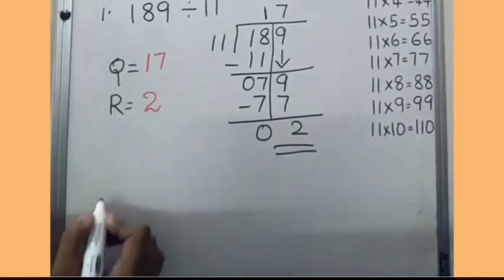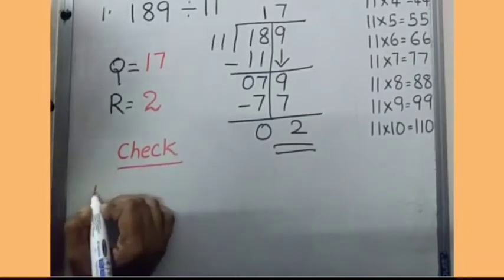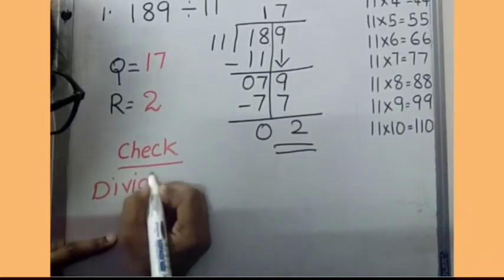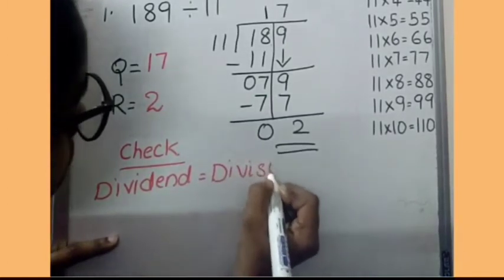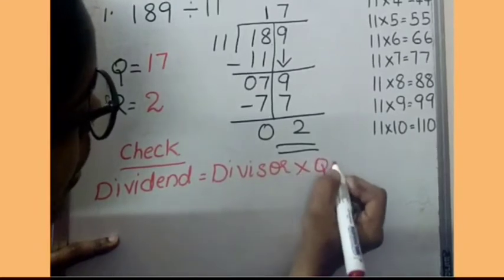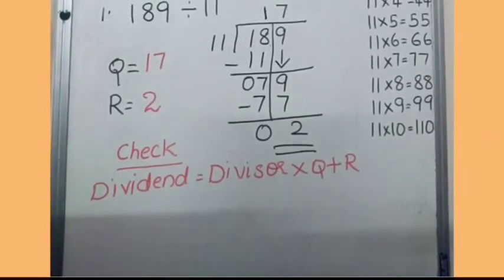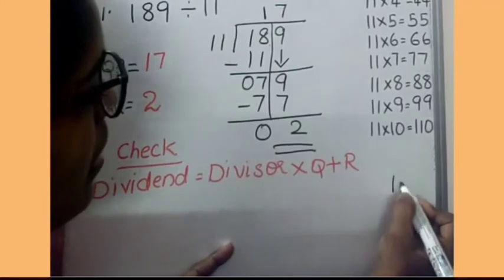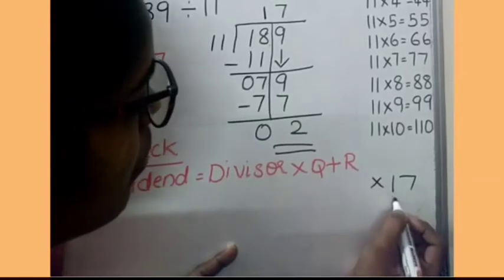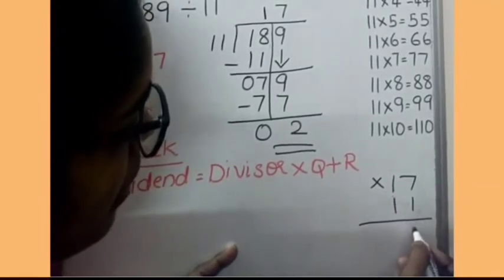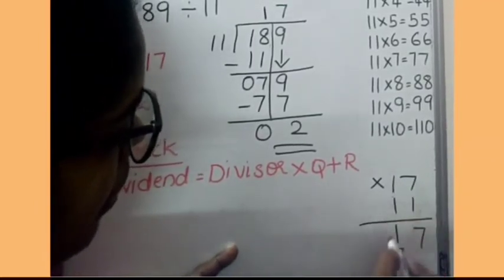Then we have to check our answer. Dividend equals divisor into quotient plus remainder. Put this in the box. Then we have to do the multiplication. 17 into 11. 1 into 7, 7. 1 into 1, 1. 1 into 7, 7. 1 into 1, 1.